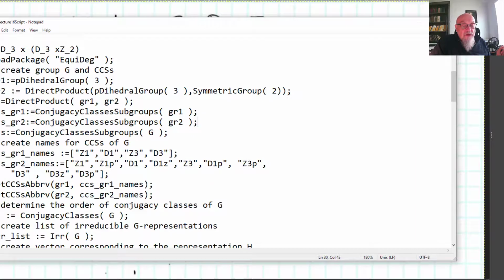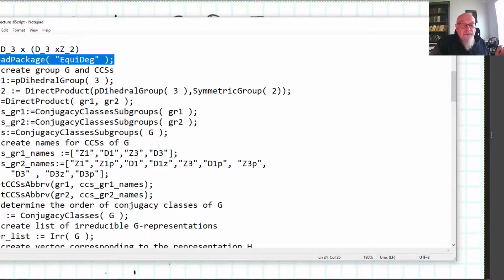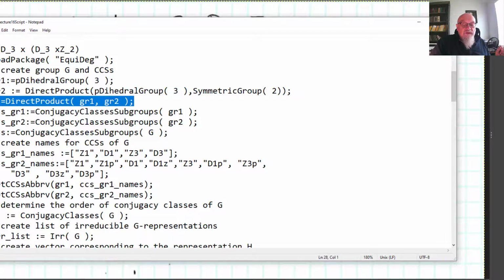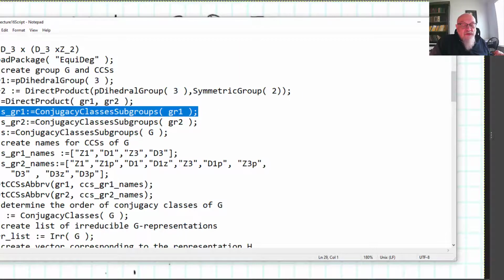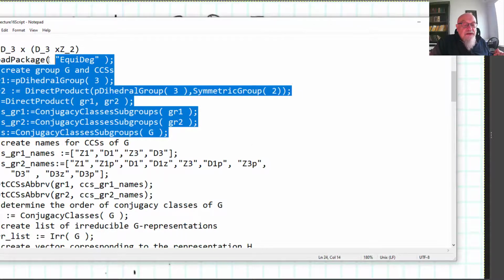Let me just discuss it quickly. First, we load the package, and then we define the group D3, and then we define the product D3 times Z2, and then finally we define the group G, which is the group that I mentioned. Then, of course, we generate the subgroup conjugacy classes in the first factor of the group, the second factor of the group, and then the conjugacy classes in the group G. Okay, let's do it, and then let's see what happens.